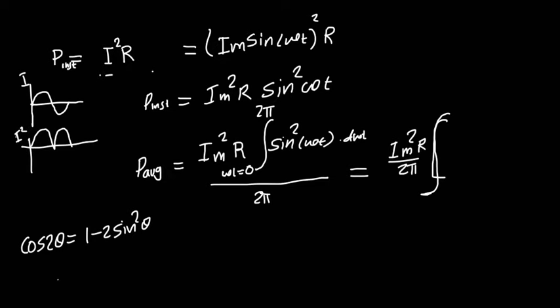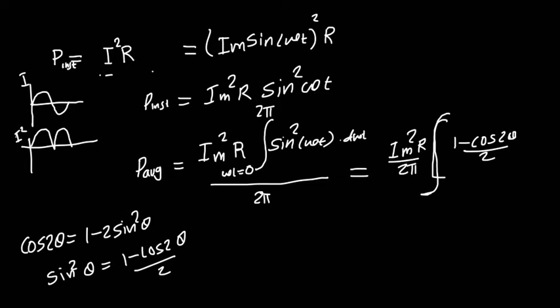Therefore, sin square theta is equal to 1 minus cos 2 theta by 2. Sorry, not theta. Here it is omega t.